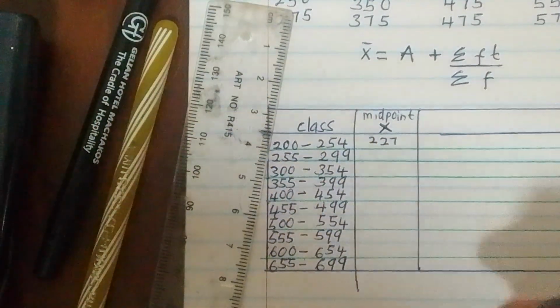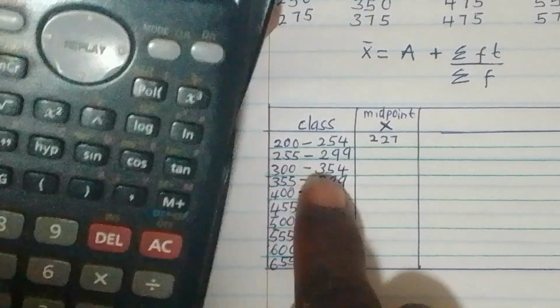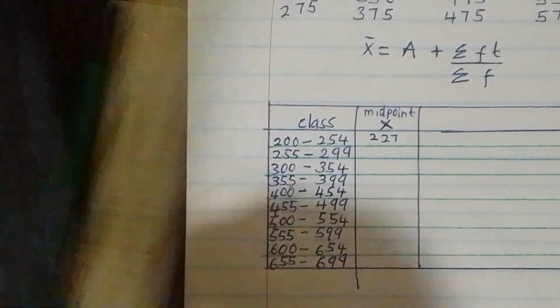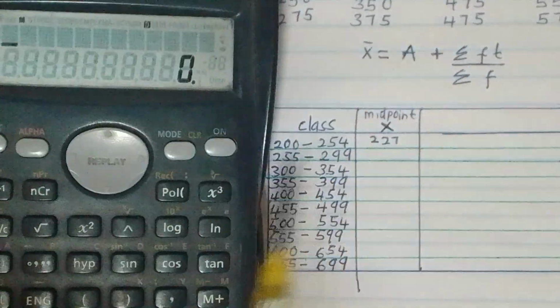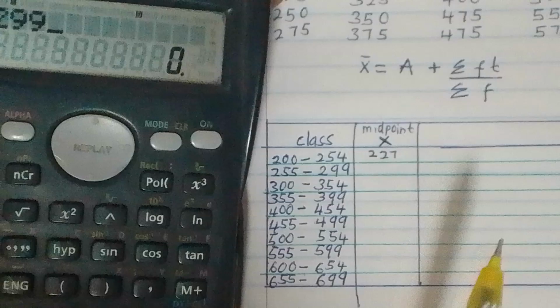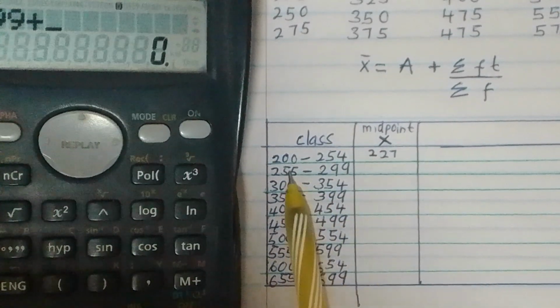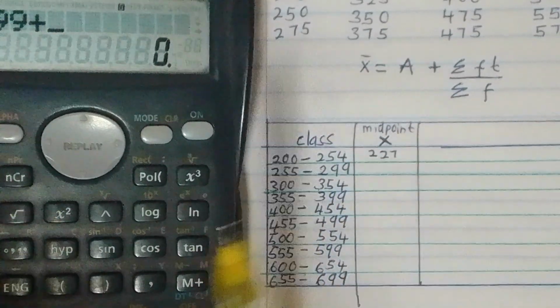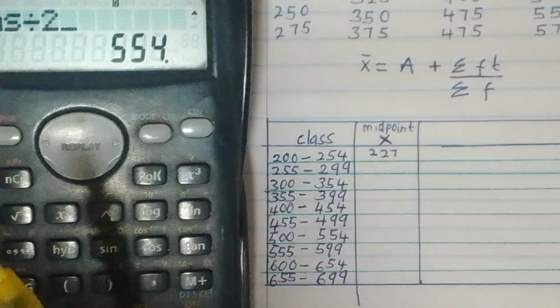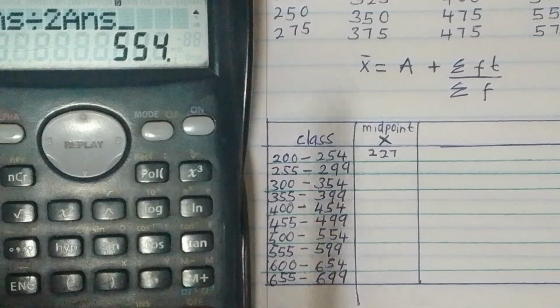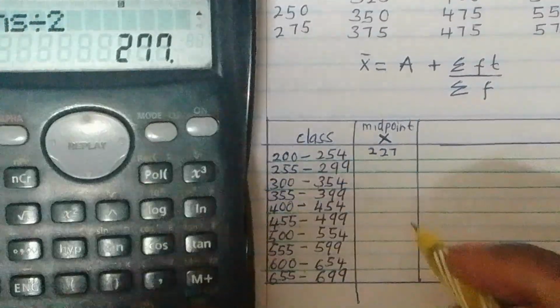Hope now it's visible. The midpoint for the next one will be 299 plus 255 divided by 2, which gives 277.